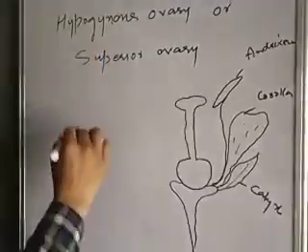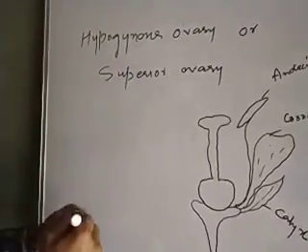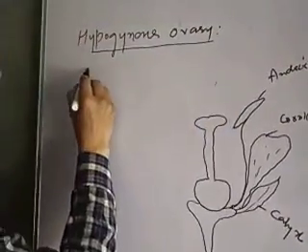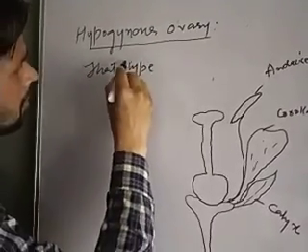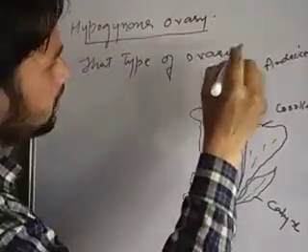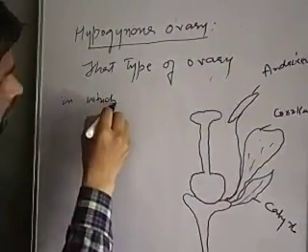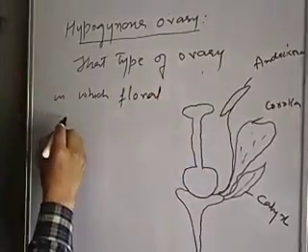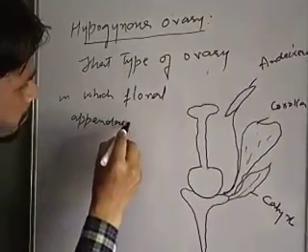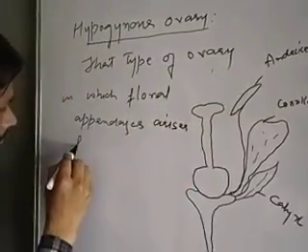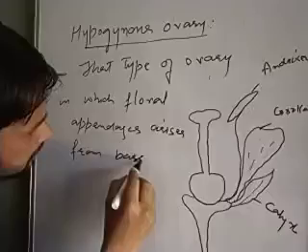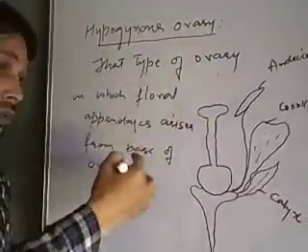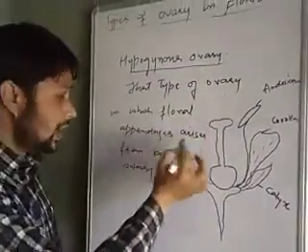So we can write here: hypogynous ovary is that type of ovary in which floral appendages like calyx, corolla, and androecium arise from the base of the ovary.